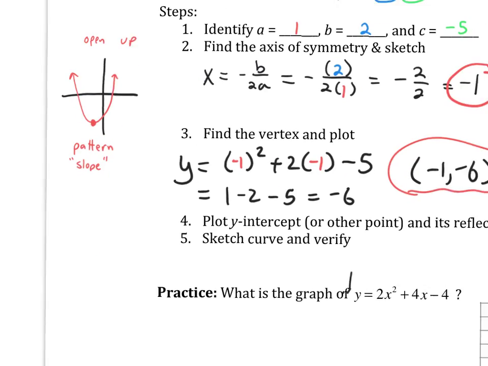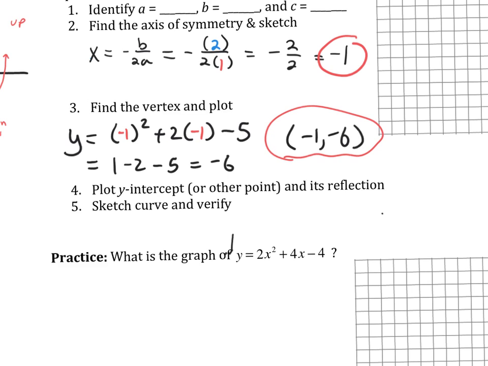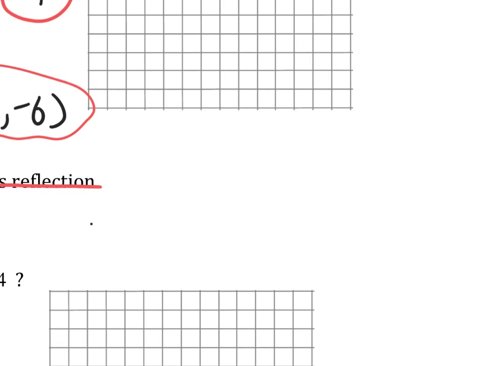So I'm actually going to change number 4 from plot the y-intercept, which can actually help. But here on number 4, I'm going to say use pattern. Now remember that pattern is the slope goes up 1, right 1, up 3, right 1, up 5, right 1, etc.